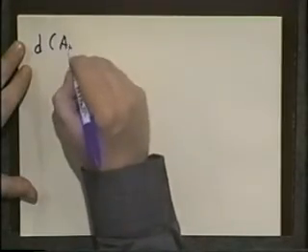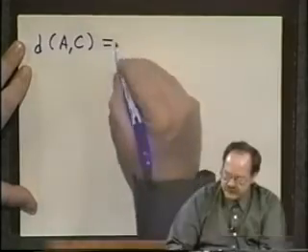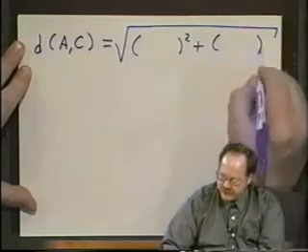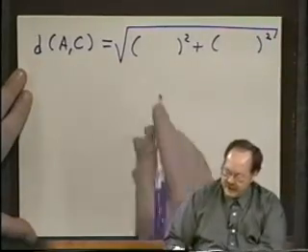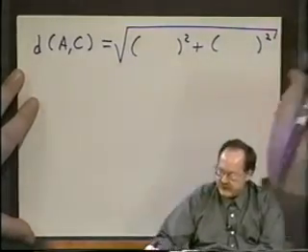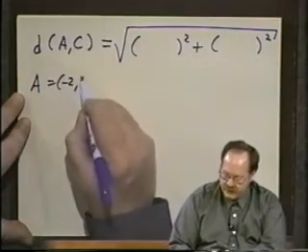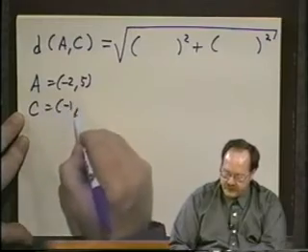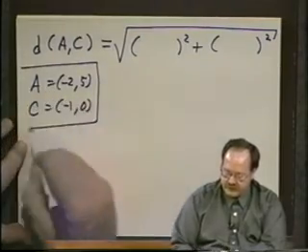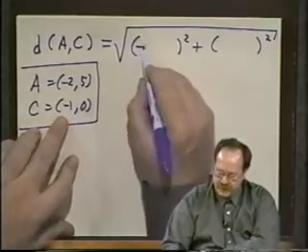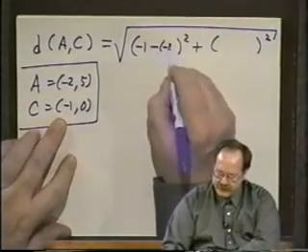Let me do the last one. The distance from A to C is equal to the square root of difference of x's squared plus difference of y's squared. And if you remember what the points are, let me rewrite that again here. A is minus 2, 5. C, remember, is minus 1, 0. Keep it all on the same screen. Then the difference of the x's would be minus 1 minus minus 2.